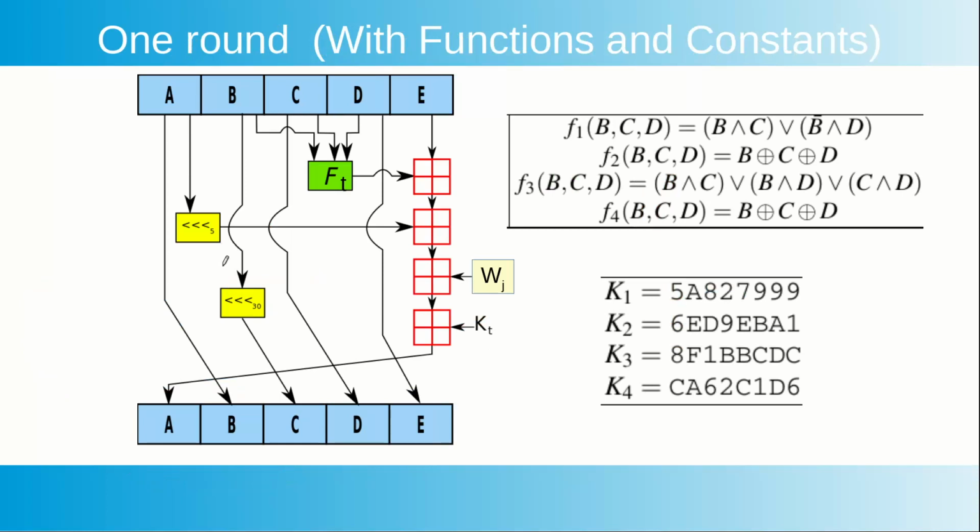Now, come down to these functions and these constants. Recall, a function always takes B, C, D. So, the input to the function is B 32 bit word, C 32 bit word and D 32 bit word.